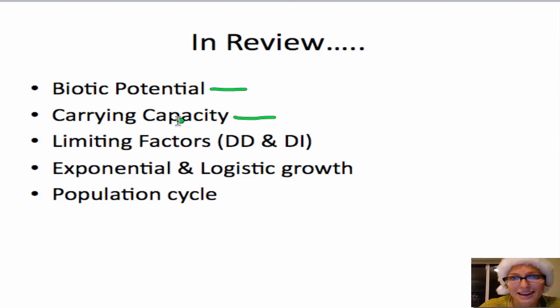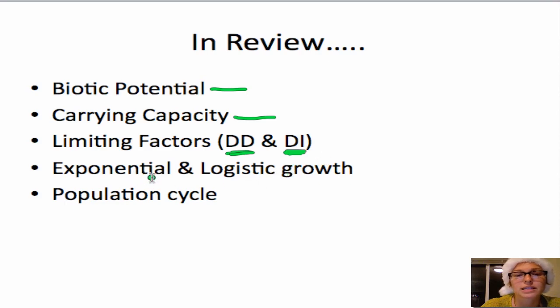And that carrying capacity is reached when we start to see these limiting factors cap that population right at the carrying capacity. These limiting factors include density-dependent factors, which have to do with the density of the population, and density-independent factors, which have nothing to do with the density of population and typically are natural disasters.